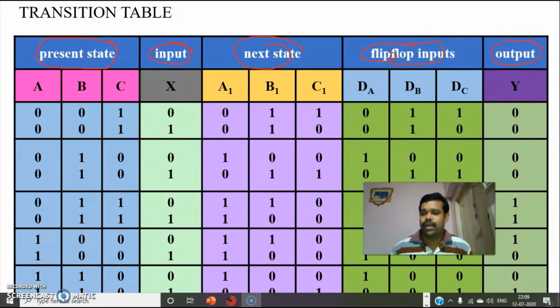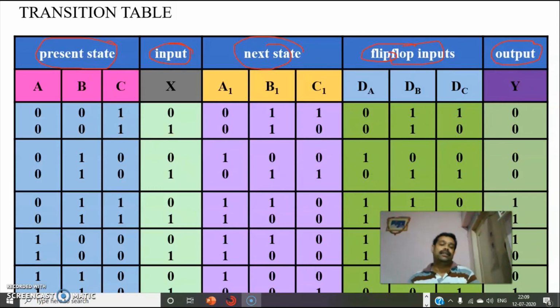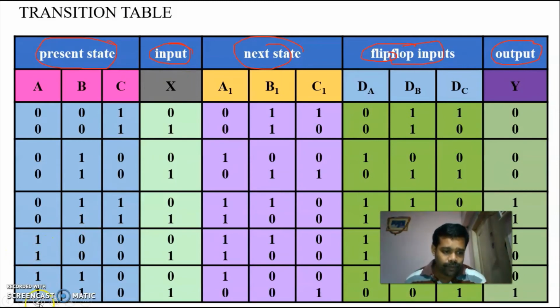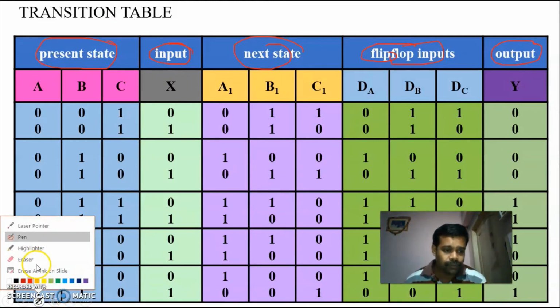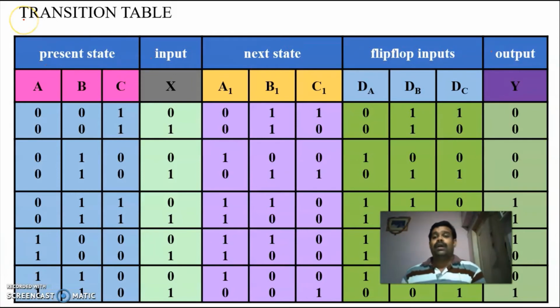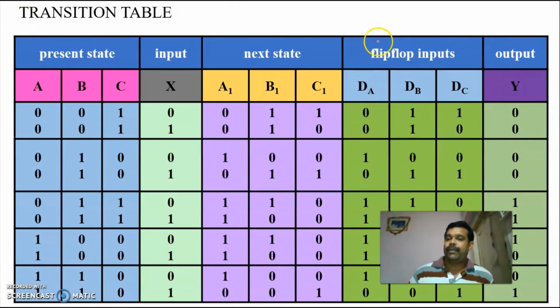Now we have to implement the circuit by using flip-flops. So we have to find the expression for input DA, expression for input DB, and expression for input DC. Similarly, the output Y we have to find.